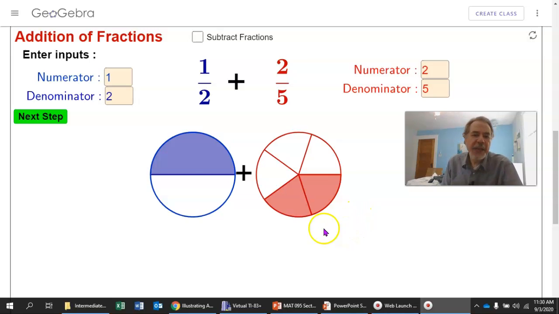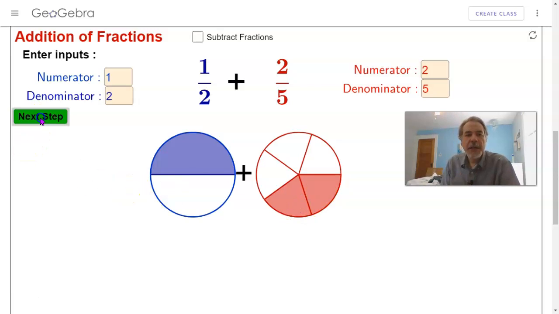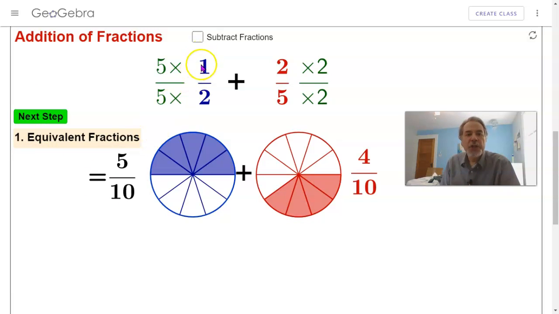To add them together, well, they're different size pieces, so that makes adding complicated. So we change 1/2 into 5/10. We divide this up further, so then instead of just 2 pieces, things are divided up into 10 pieces, and then the 1/2 is 5 of those tenths.